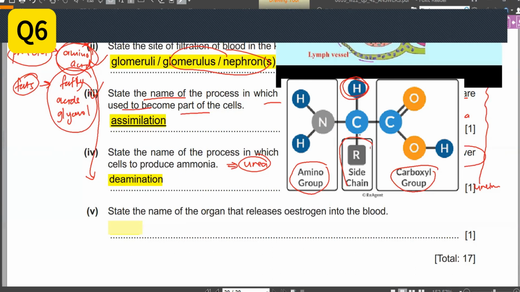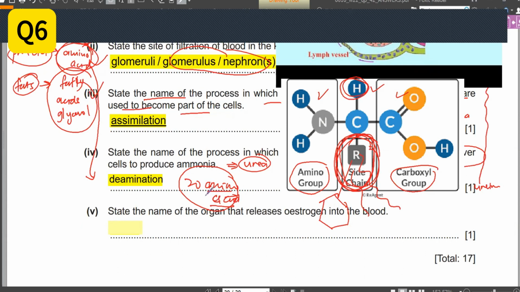On the other side, they have the R side chain, which can be anything, like another carbon chain or a ring structure. That's why we have 20 different amino acids in our body. Their difference is in the side chain; the rest are identical.